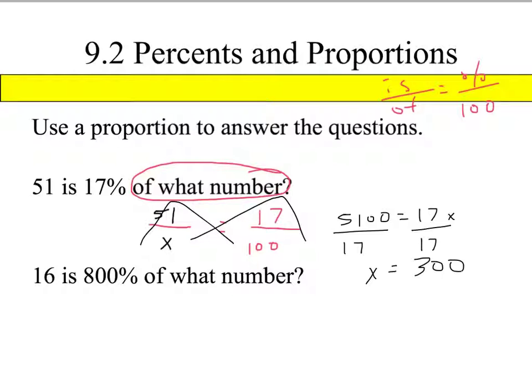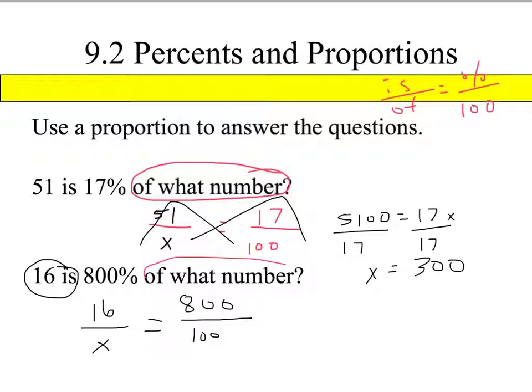All right, next one. Again, setting up my proportions. Get used to setting up proportions because you will see it a lot. It is one of the big things in pre-algebra that we need to know how to write proportions. So again, I always have over 100. What is my percentage? It is going to be 800. What is my is? What's my of? 16 is my is. X is my of. It says 16 is 800% of what number? When you see what number, think x.